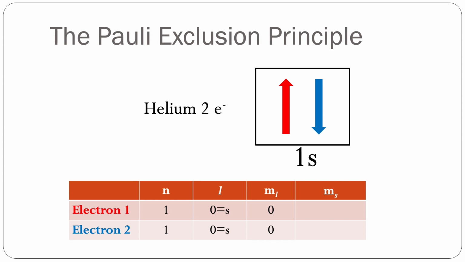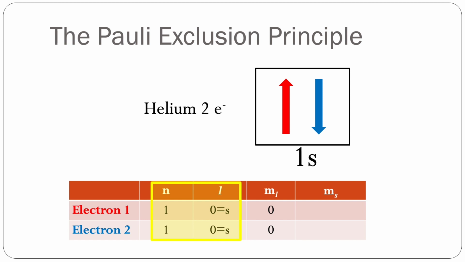From a quantum number perspective, these electrons can be assigned a set of quantum numbers. First, they are both occupying the 1s orbital. Recall that 1 is the principal quantum number and s is the letter designation for angular momentum equals 0.